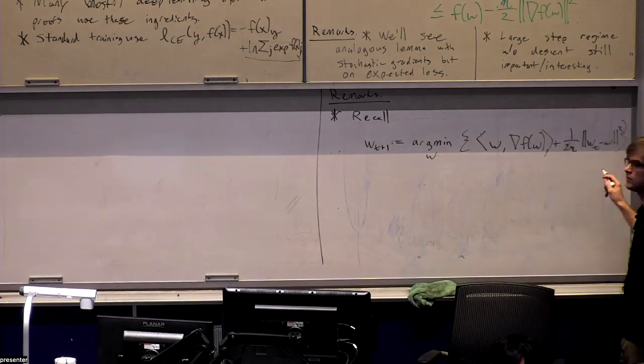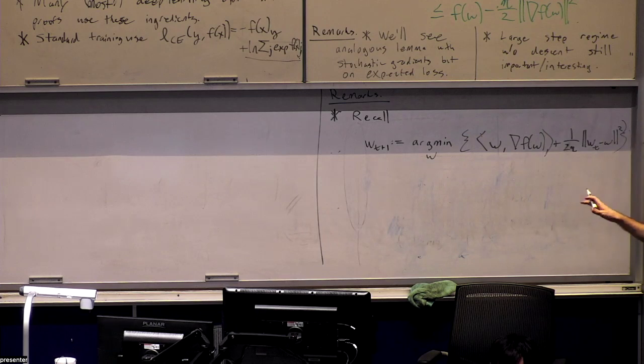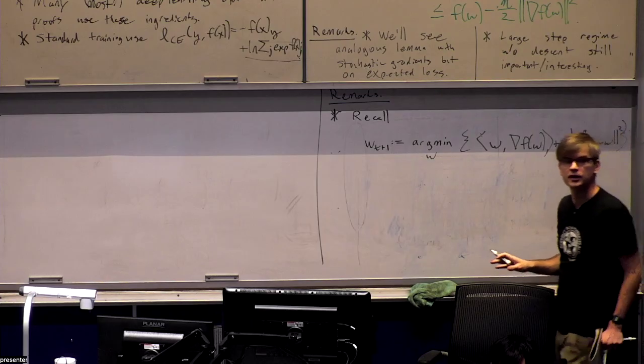Okay, so this is another way of writing what gradient descent does. And I'm just trying to highlight that gradient descent was always trying to minimize norms. The job of gradient descent is not to minimize a function, it's to do both.